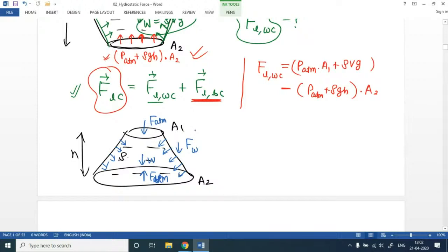Taking the vector sum of all these quantities, this quantity is known to you, this quantity is known to you, let's say the volume is V, so the only unknown will be Fw. My intention here is to tell you, whenever you are required to find out the vertical force exerted by the liquid on the slant wall of the container, you are not required to integrate. You can simply use the force balance and you can find it out. So that's one of the ideas.